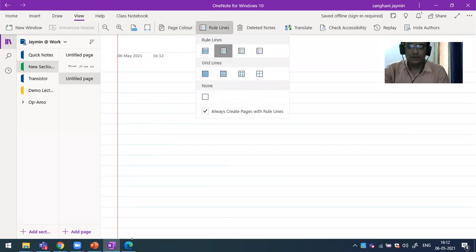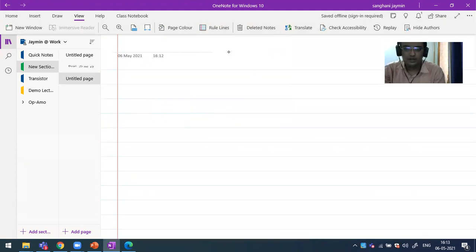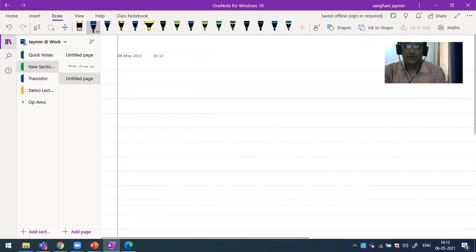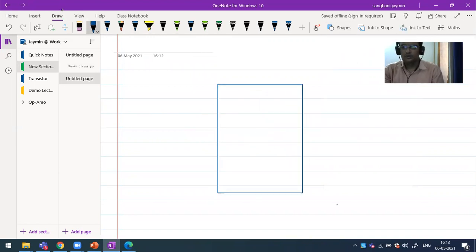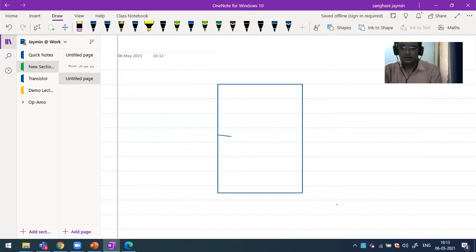Now I want to discuss that point in the common emitter configuration. Here it is known as the collector, here it is known as the base, and here it is known as the emitter.